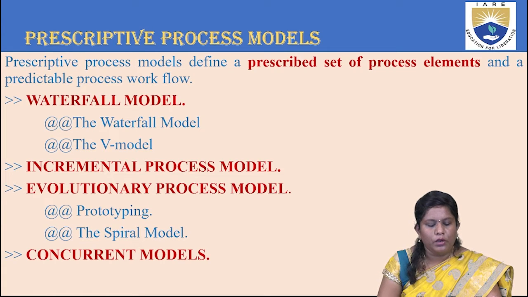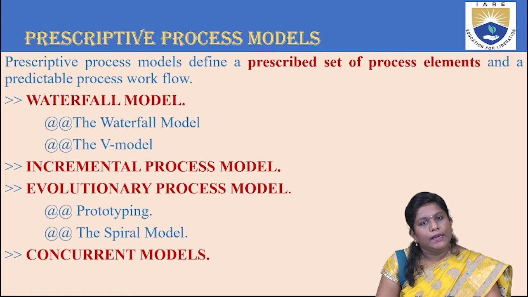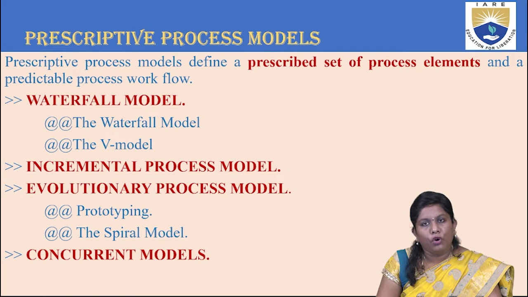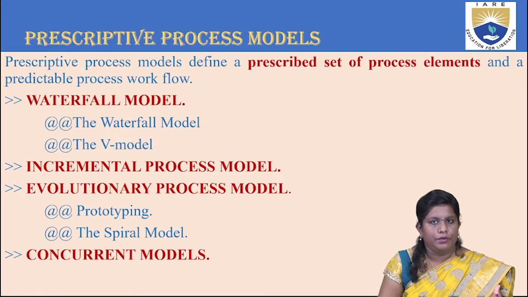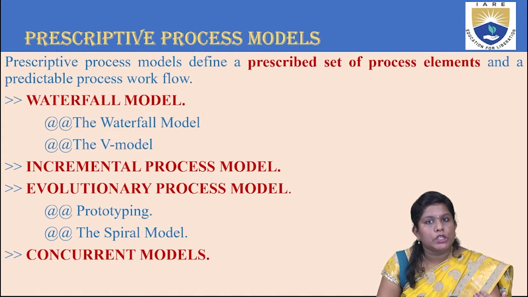Under the waterfall model, we will focus on the flow or the architecture of the waterfall model, and we have the V model. Then moving to the next category, the incremental process model. Then we have the evolutionary process model. Under the evolutionary process model, we focus on prototyping and the spiral model. And finally, we will have concurrent models.